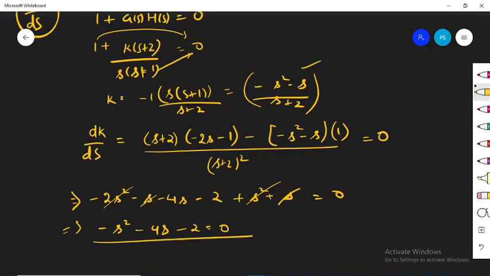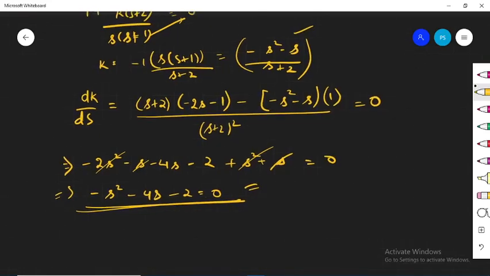If you solve this equation, you can solve it using a calculator or manually also. So just solve this quickly and you will find that the solution of s is s equal to minus 0.585 and another value of s is minus 3.414. So these are the two values that you are getting.